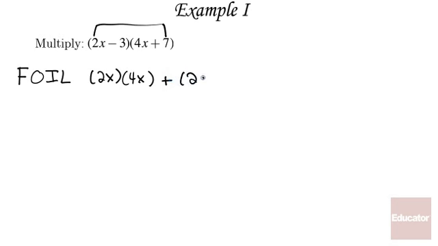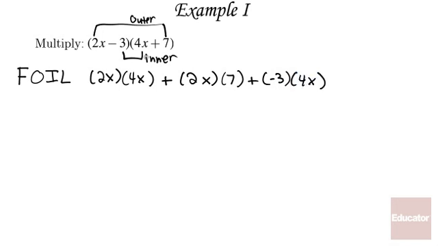That's 2x times 7. The inner terms. So I had my first terms, my outer, my inner terms. The inner terms are negative 3 times 4x. And then finally the last terms, which is negative 3 and 7.